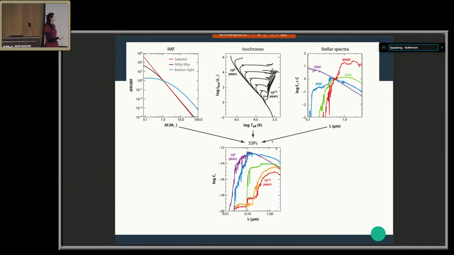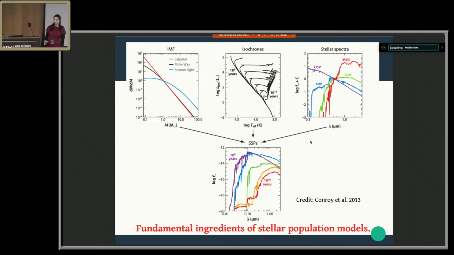So for each age, we combine the spectra of the stars and create stellar population models of different ages and different metallicities. And what I want to tell you is that one of the key points in this process are the stellar libraries. Even if you knew all this, if you don't have a spectrum for each point, you don't have a stellar population model that is trustable.